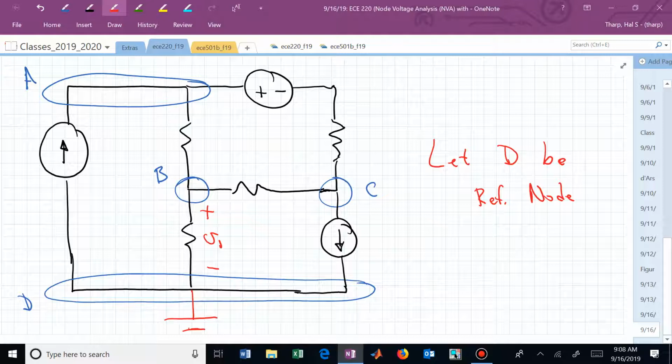Here is one such node voltage, V sub 1. Another one could be this node voltage, V sub 2, from C to D. And the last one is going to be this one, from A to D. I have three node voltages relative to the reference node that I've now identified.